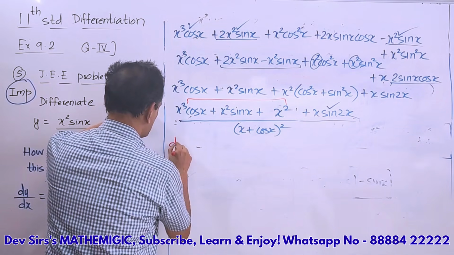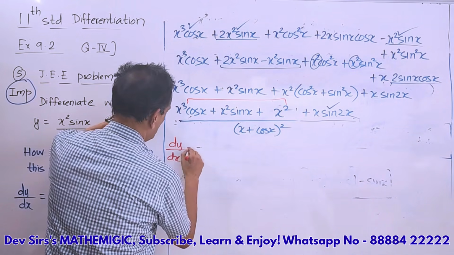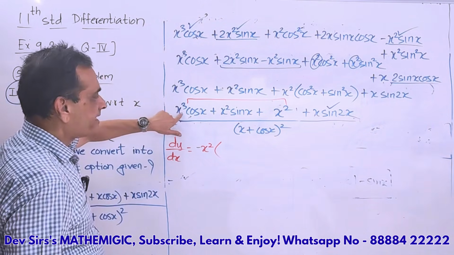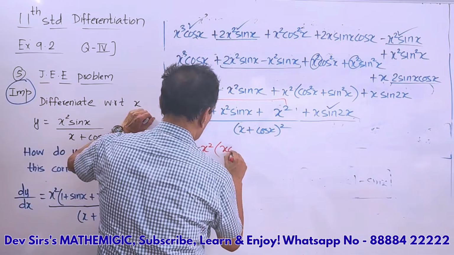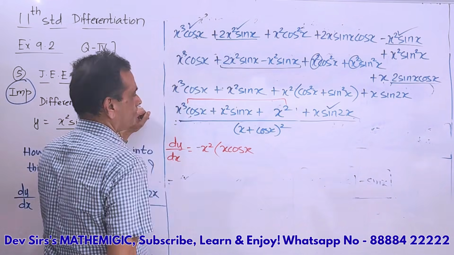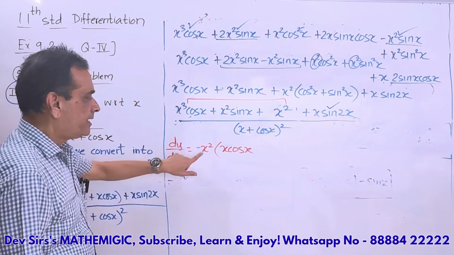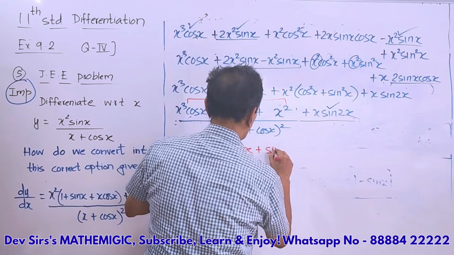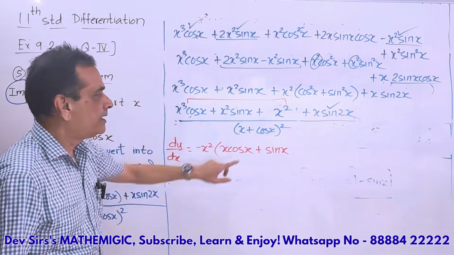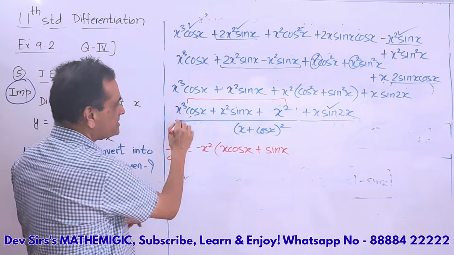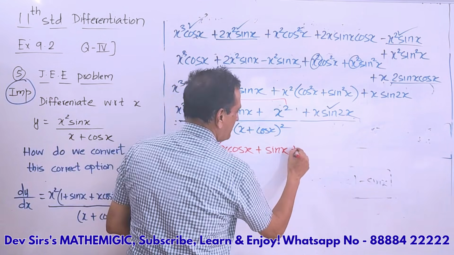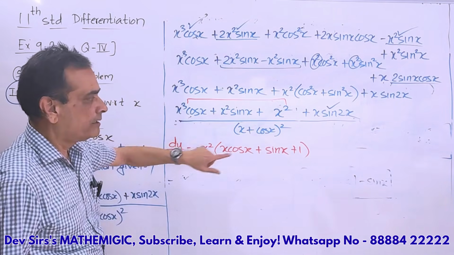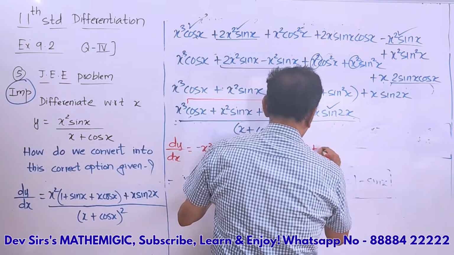So dy by dx: x cos x remains, sin x remains. x squared has been taken outside from the first 3 terms, so plus 1 remains. चेक करो एक बार ब्रैकेट्स ओपन अप करके. यू आर गेटिंग द सेम थिंग. इसको कुछ नहीं करना.